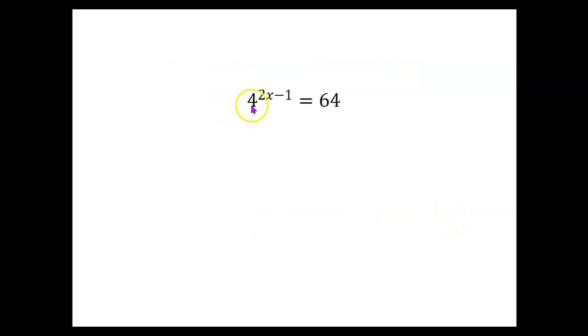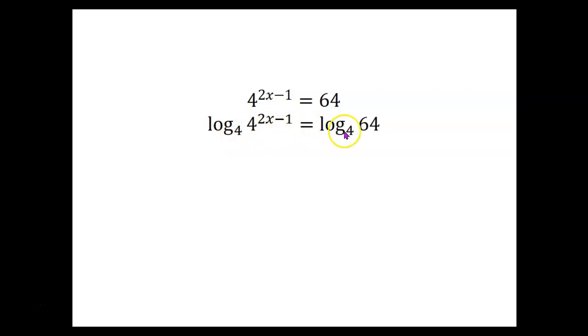Another example, 4 to the (2x minus 1) equals 64. What can we do with this? We can undo the exponential function 4 to the, with its inverse, the base 4 logarithmic function. Log to the base 4 of 4 to the something is just the something.